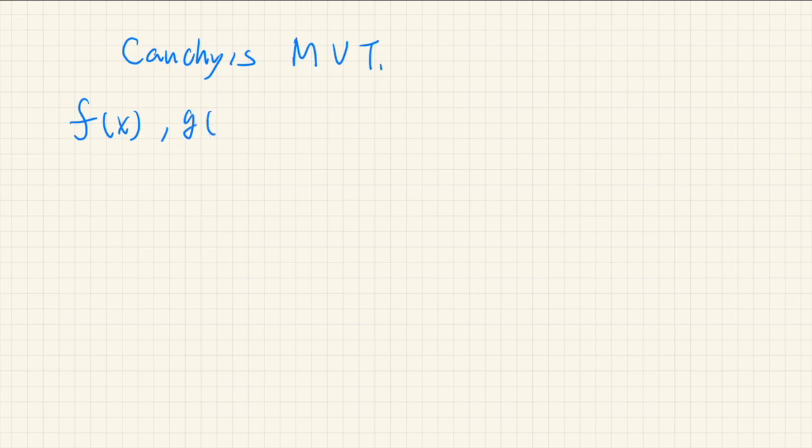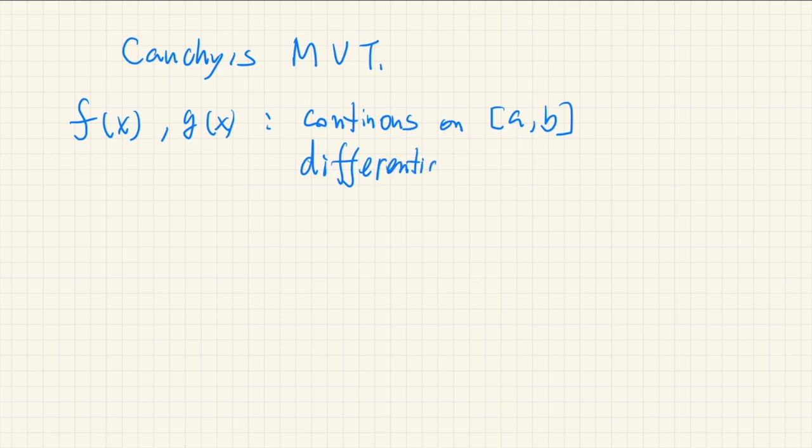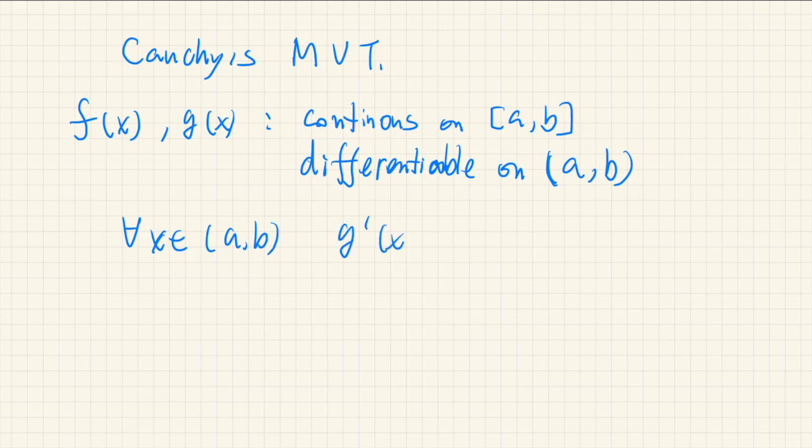Assume we have two functions f of x and g of x that are continuous on the closed interval between a and b, and also differentiable on an open interval between a and b. And we also assume that for all x in the open interval, g prime of x is non-zero.